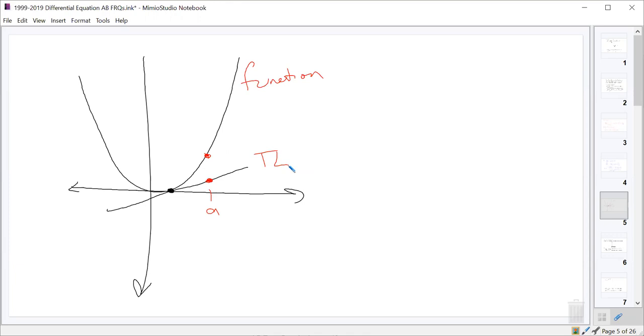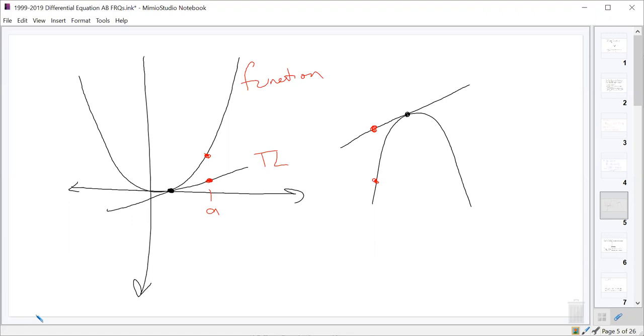What if the function is concave down? Not very well drawn. There's my tangent line. Okay. If I use the tangent line to approximate the value of the function at a place where I'm concave down, then it should be above the true value, shouldn't it?